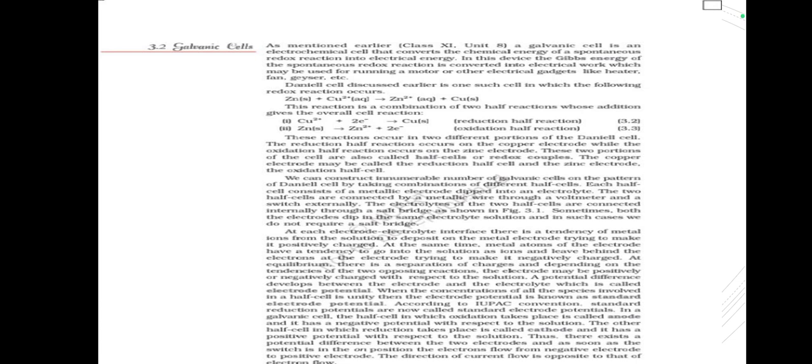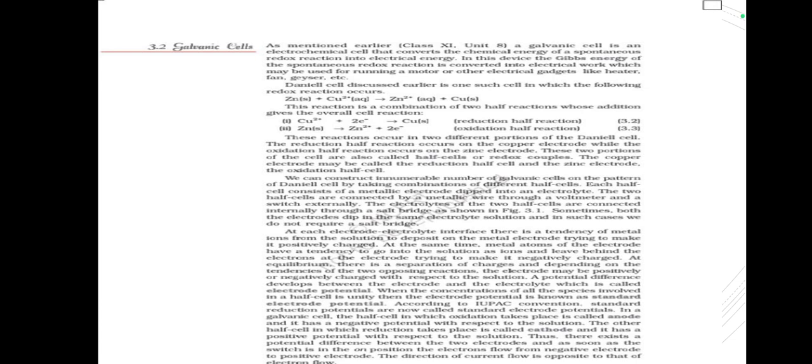Thus, there exists a potential difference between the two electrodes, and as soon as the switch is in the on position, the electrons flow from the negative electrode to the positive electrode.